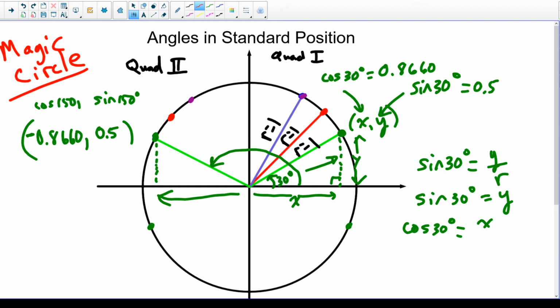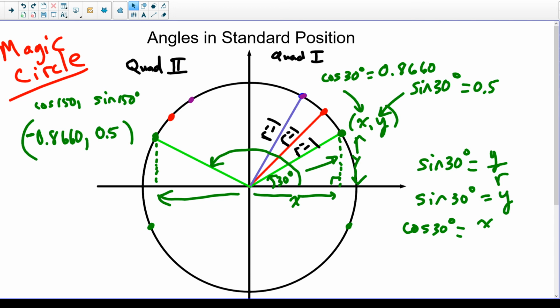And that's it for today's lesson. So there is no homework tonight besides getting very comfortable with how this circle works. Okay? I just want you to understand the mirror image idea and how some of the values are going to be negative and some of them are going to stay positive, and maybe even try to figure out what the other ones would be around the whole circle for even 45 and 60 degrees.